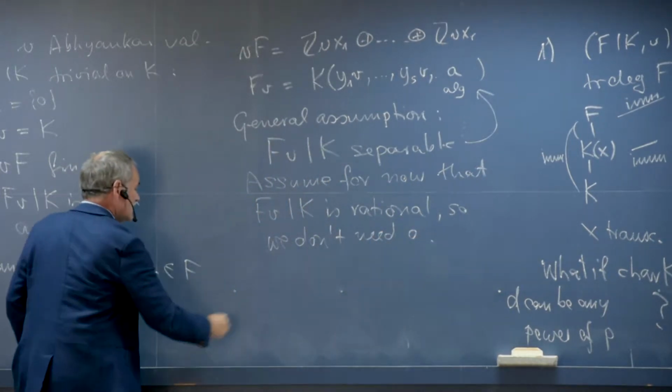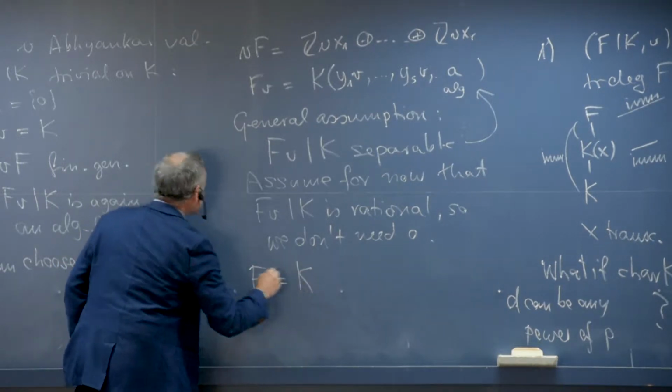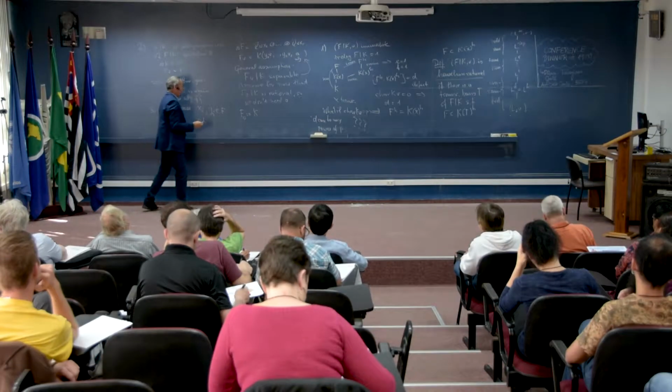And we set a subfunction field F0 to be k generated by these xi's and yj's.